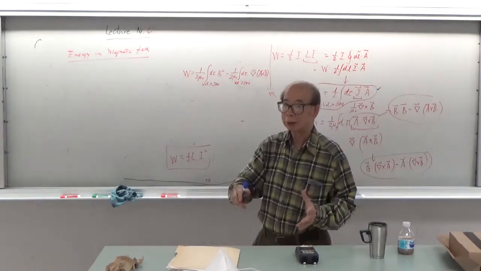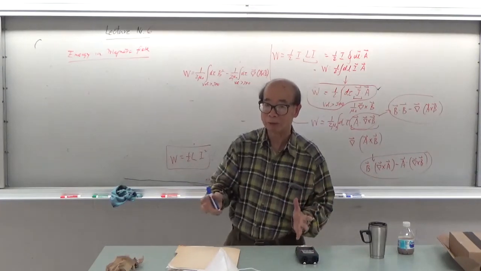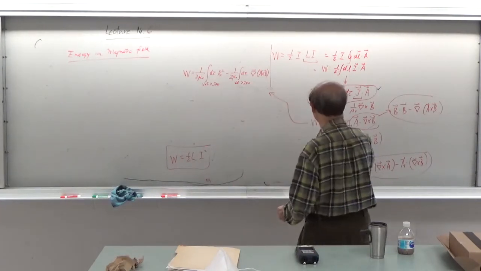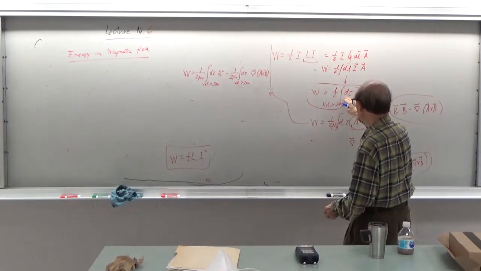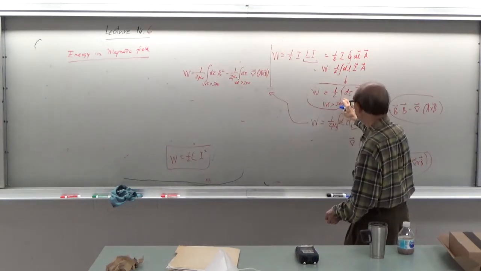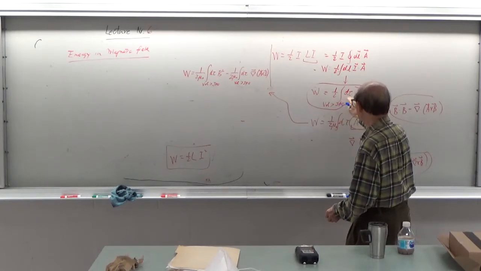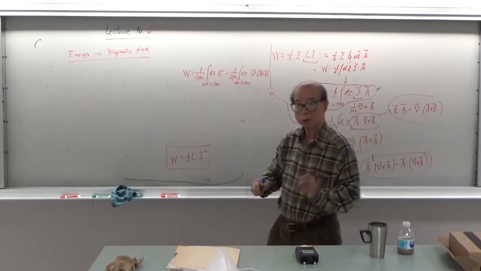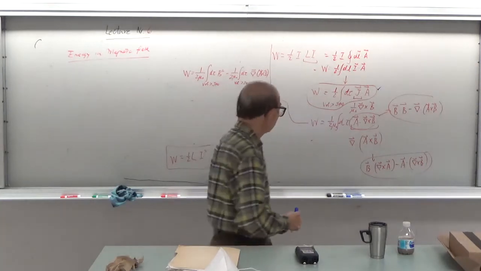Of course, you can include integration over a larger volume, but this extra volume would contribute nothing, since J would be zero there. So long as the volume integration includes the region where J is non-zero, that's good enough. All right?